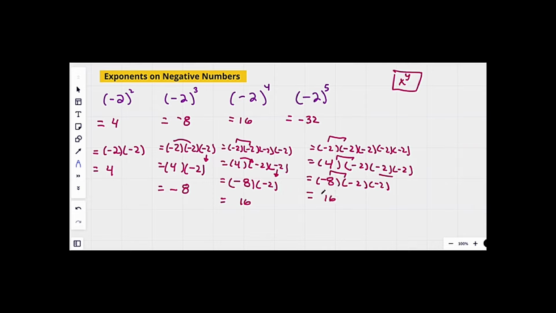So we've got positive 16 times negative 2. And lastly, we have 16 times 2, which is 32. And we've got a positive times a negative, which equals a negative. So what we always want to remember is if our exponent is even, we'll always end up with a positive result. If our exponent is odd, we're always going to end up with a negative result.